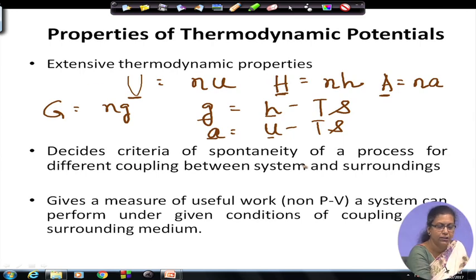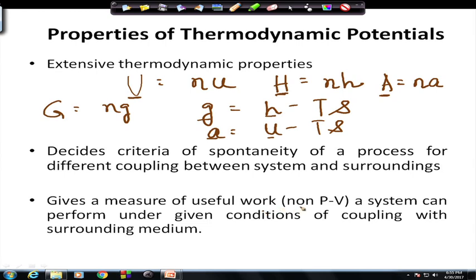They decide the criteria of spontaneity of a process for different coupling between system and surroundings. I need not repeat: U decides the criteria for constant S and V, H for constant S and P, A for constant T and V, G for constant T and P. The other thing is it gives a measure of the useful work, or the non-PV work to be specific, because we have found out that it is W non-PV minus PdV.